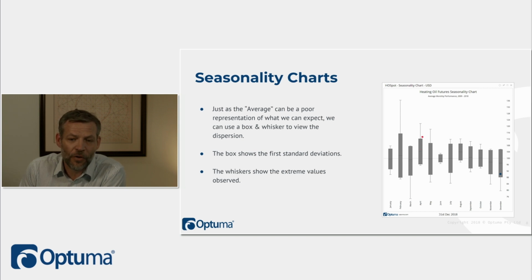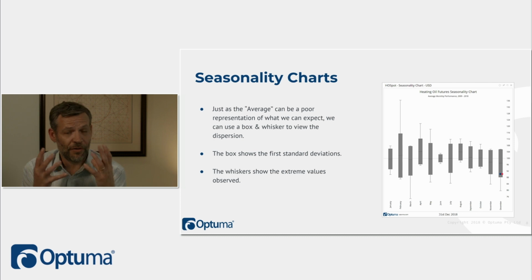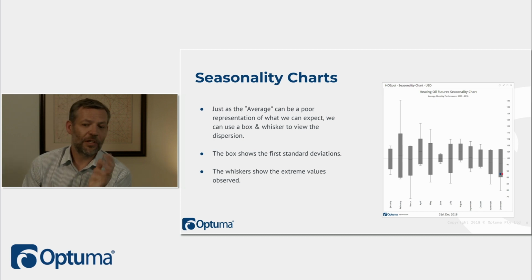Then we take the first standard deviation of all the observations, and then the lowest observed value over that 10-year period and the highest observed value. So you can see that even right now, as much as we have a value which is much lower than the average, it's still within the first standard deviation of the observations.